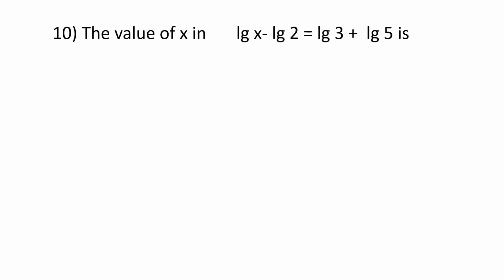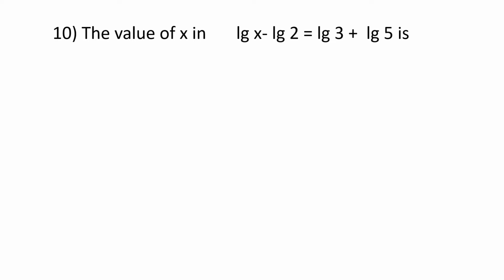Now the 10th question. It is an equation. The value of x in lg x subtract lg 2 equals lg 3 plus lg 5. Again, you can apply the laws of logarithms. Addition of logarithms as a multiplication of numbers and subtraction of logarithms as a division of numbers. Left hand side, it is a subtraction of logarithms.